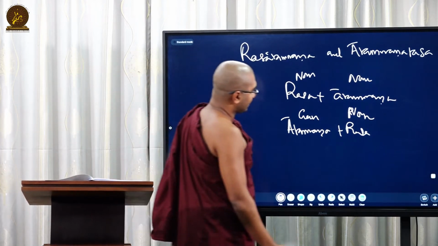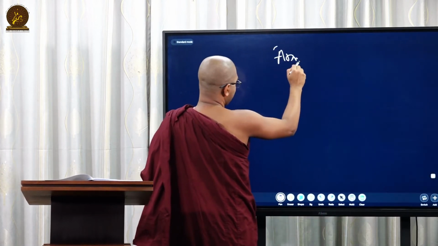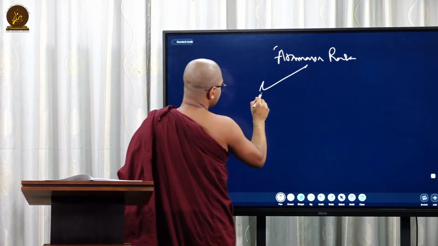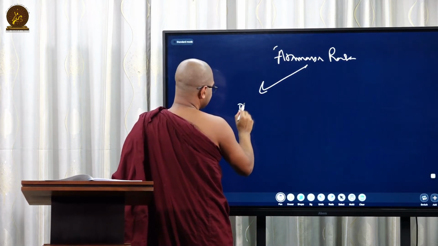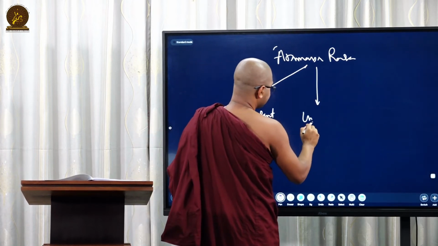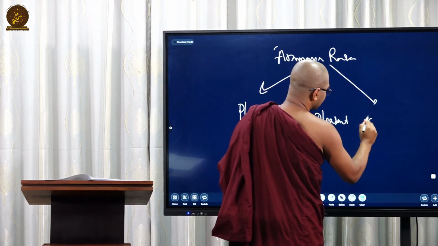So Arammanarasa is ittha, pleasant, anittha, unpleasant, majjhatta, neither pleasant nor unpleasant.